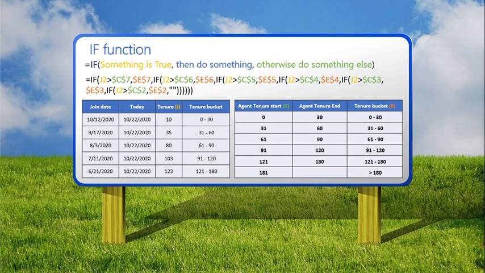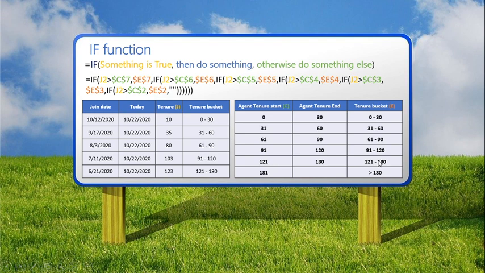You can see how the full IF function works. First it will check the criteria. If J, which is 10, is greater than 180, then it will give me 180, but in this case it is not, so it will move to the next condition. It will check J again, that is 10, with 120.